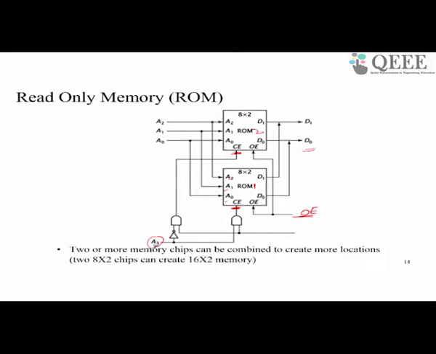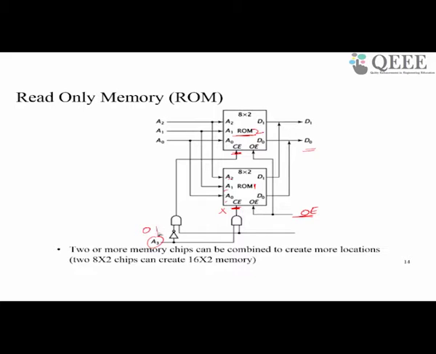When A3 is equal to 0, then this chip is not selected, but you will enable this AND gate and this chip will get selected. So based on the values of A0, A1, A2, one of these locations in this ROM will be selected and the corresponding data will be made available on the data bus.